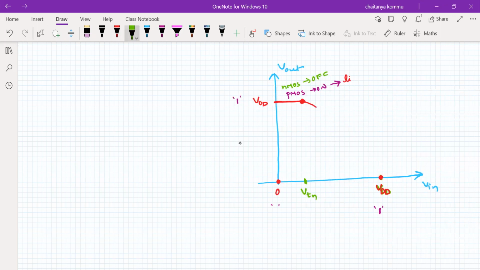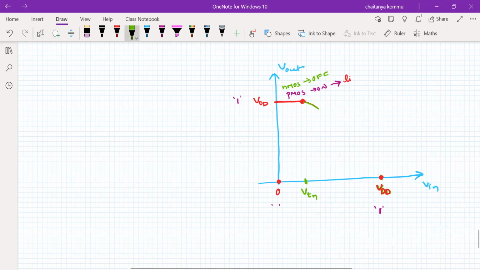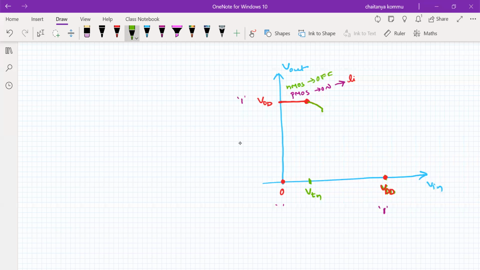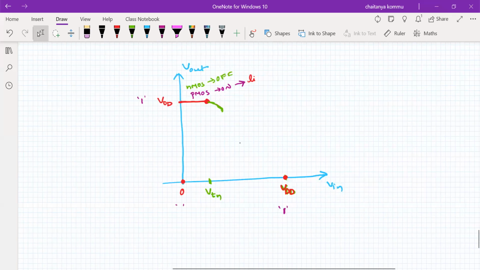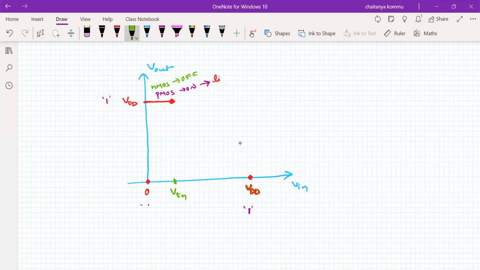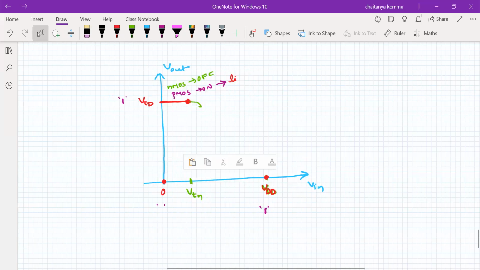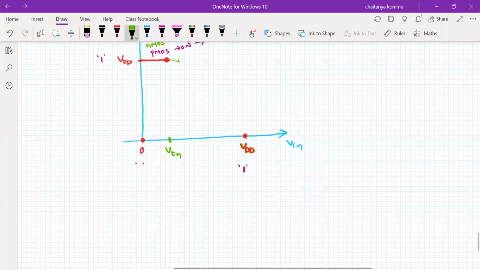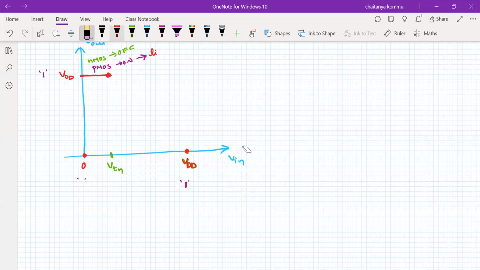I'll take another color. It is a decreasing fashion.